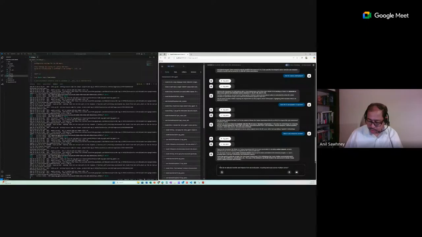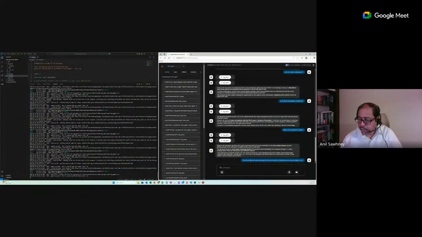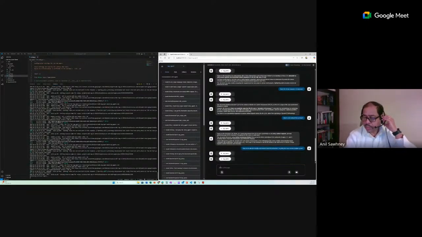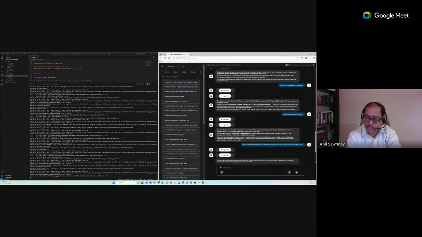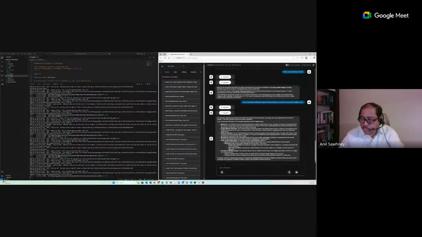We can go and say, how do we allocate benefits and impacts from deconstruction, recycling, and reuse across multiple asset cycles? Maybe we should have said it differently, but let's see what it thinks. It is able to pull that information up. It seems it is pretty good. Over multiple generations of assets on a single site, so it has picked that up.